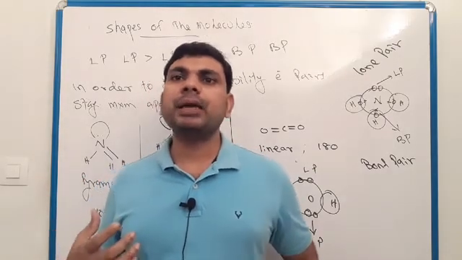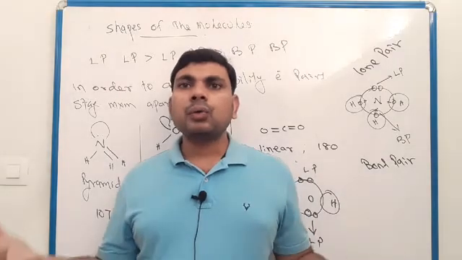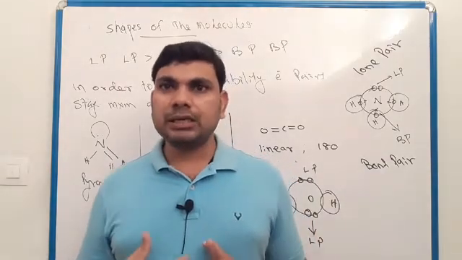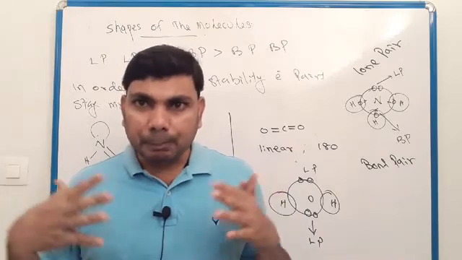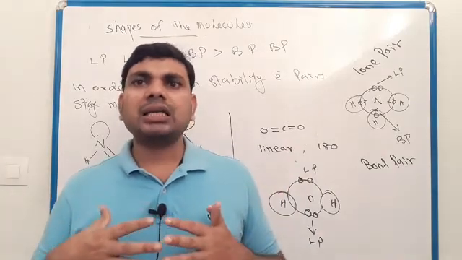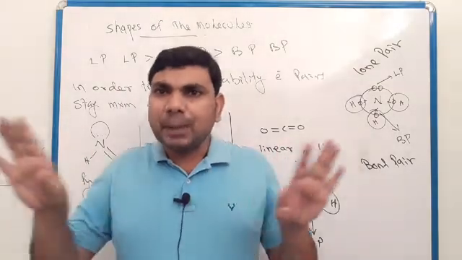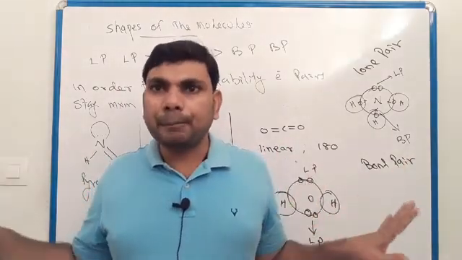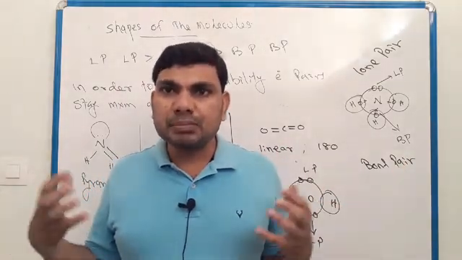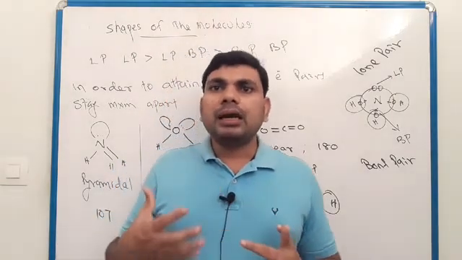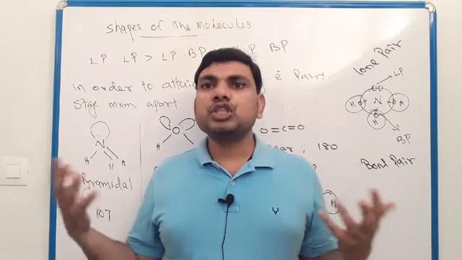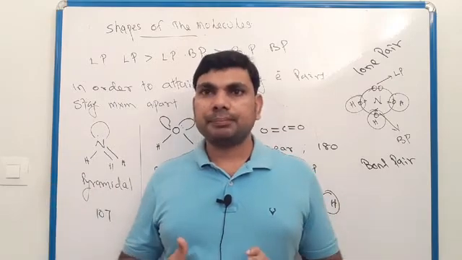That's why molecules make ionic bonds and covalent bonds, to get stability. Electron pairs repel each other and stay maximum distant, maximum apart, to get maximum stability. And this is why molecules get definite geometry and bond angle.